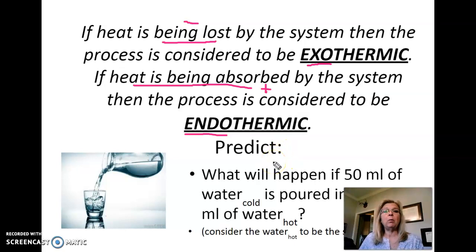So the question becomes, what will happen if we have 50 milliliters of cold water poured into 50 milliliters of hot water? Let's make sure that we know that the cold water is going to be 20 degrees Celsius, and the hot water we're going to pour in is going to be 100 degrees Celsius. We're going to look at this from the hot water's point of view, so the 50 milliliters of hot water is our system. Let's go take a look at those calculations.